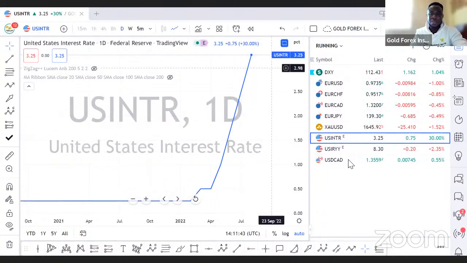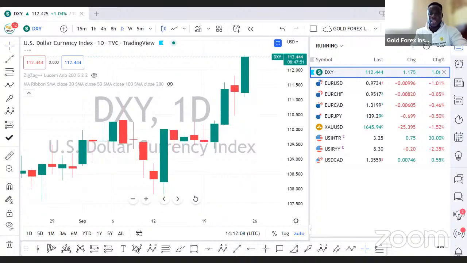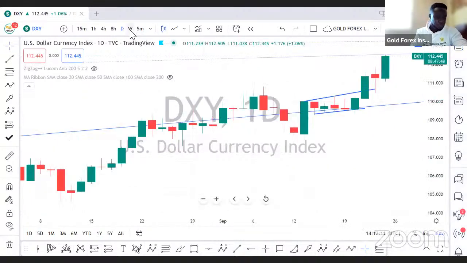That means the gap between the interest rate and the inflation has to close before we'll see the United States dollar falling for some time. So when you look at the DXY, which is the measure of the strength of the dollar, you can see over here on the weekly time frame.